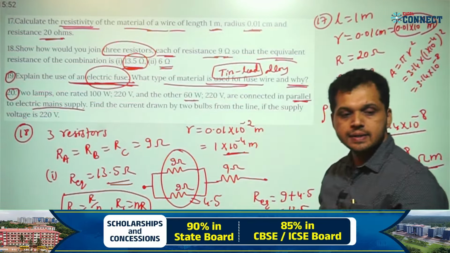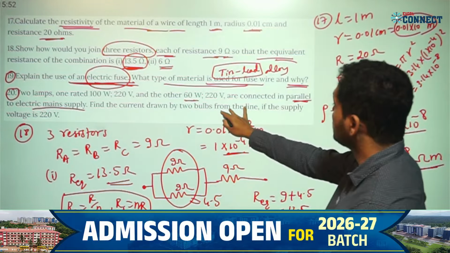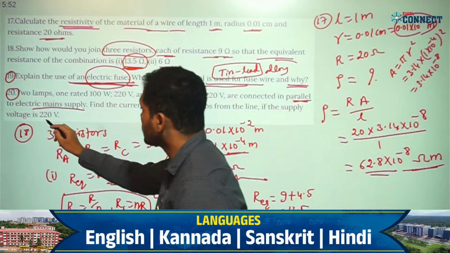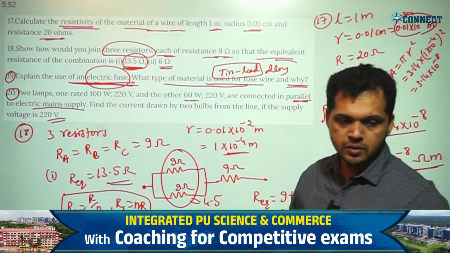Read carefully. Find the current drawn by the two bulbs from the line if the supply voltage is also 220 volts. Hope you understood the question.